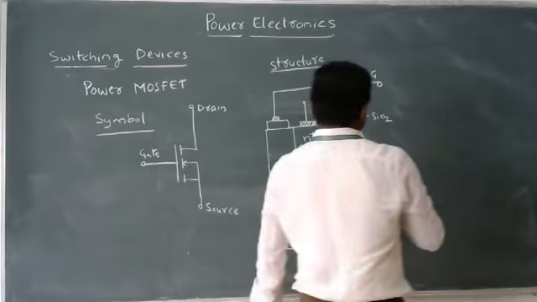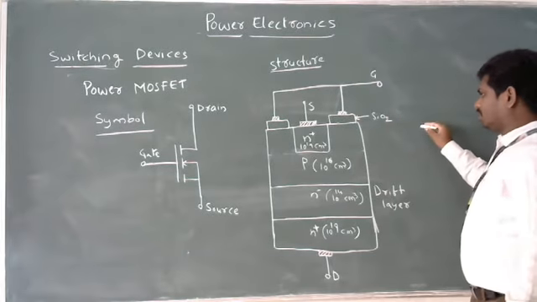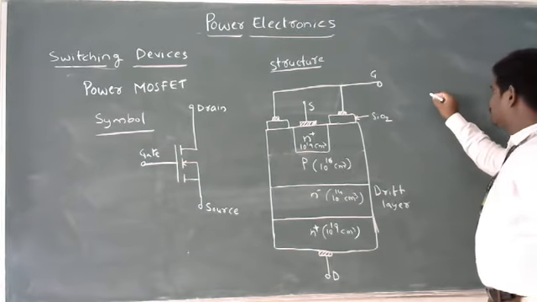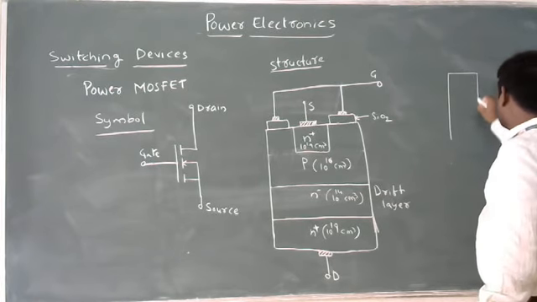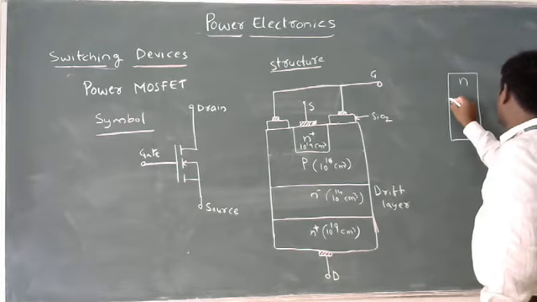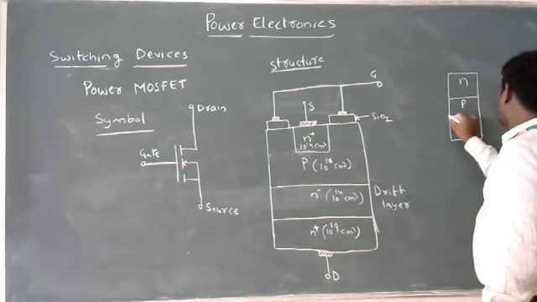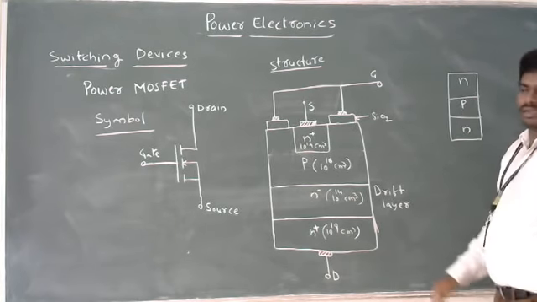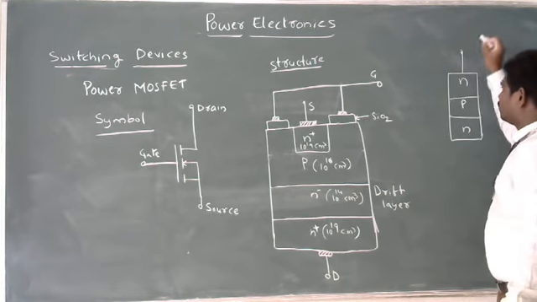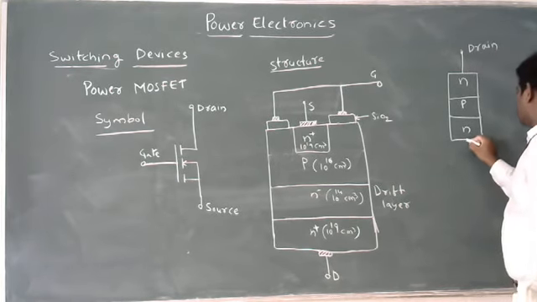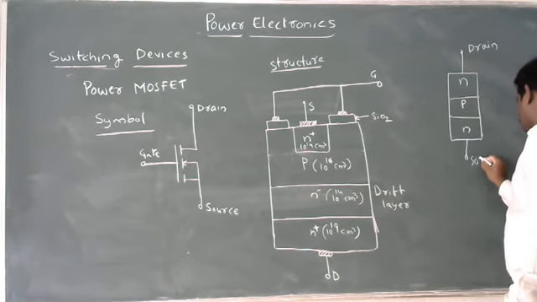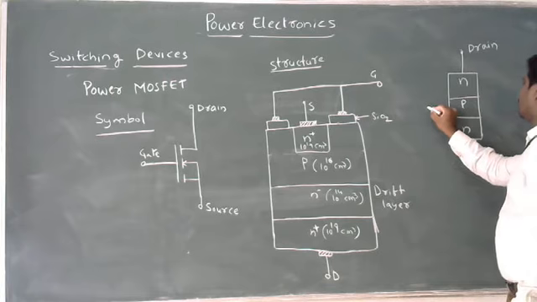Let us see the normal MOSFET. I am taking the NPN type. This is my drain, this is my source, and this is my gate.